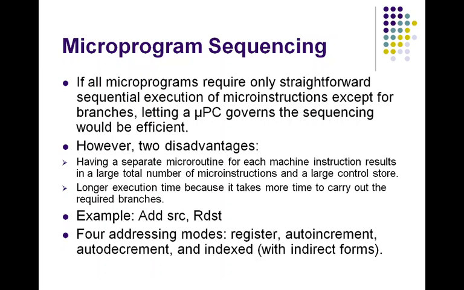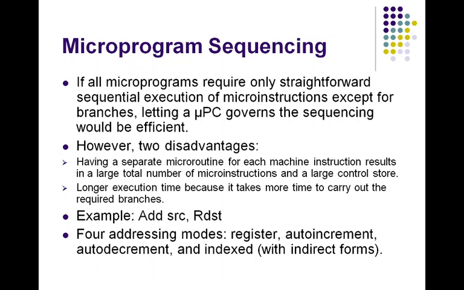If each machine instruction is implemented by a microroutine of this kind, then the microcontroller structure, as suggested in the previous figure, in which the micro PC, that is the microprogram counter, governs the sequencing, would be sufficient. A microroutine is entered by decoding the machine instruction into a starting address that is loaded into the micro PC, that is the microprogram counter.